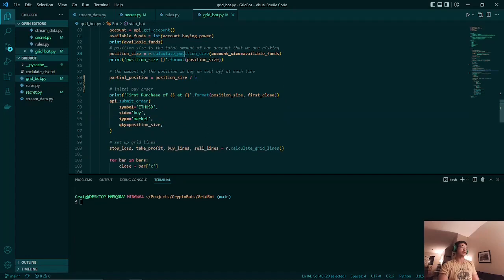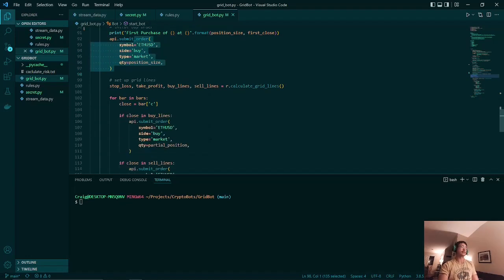Once that is done, we'll get a partial position. This will just be used for later when the price hits our predetermined grid lines. And then we will execute an initial buy order of Ethereum.